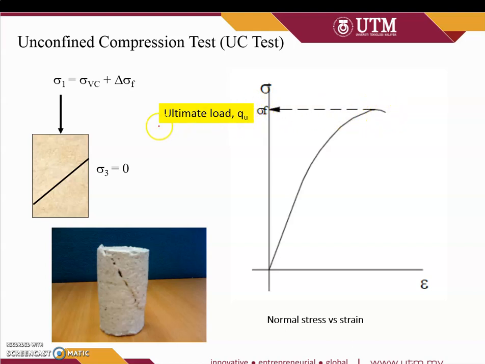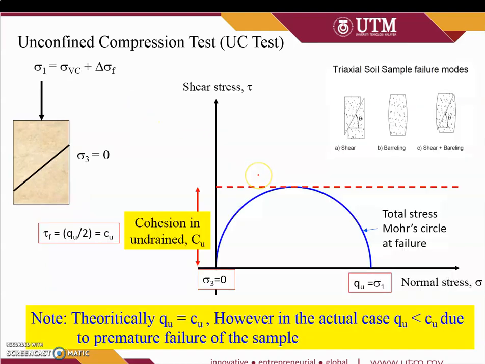So the final stress is also known as the ultimate load Q sub U. Q sub U is equal to stress 1. We know that stress 3 is 0, and stress 1 is Q sub U.